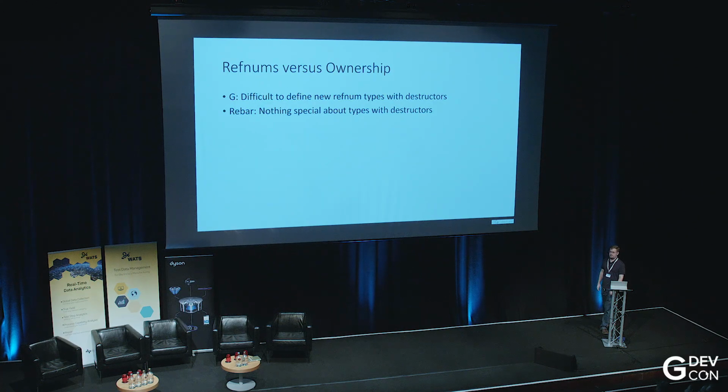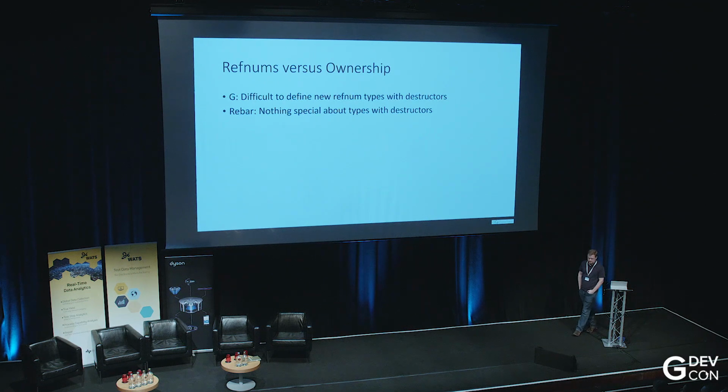But there's no way to say, create a DVR, and when this DVR is deleted, also do this other thing. There's no way of associating a destructor with DVRs of a particular type. But with Rebar, there's not really anything special about types that have destructors. A destructor is just another method, one that the compiler knows to insert a call to at the right place.